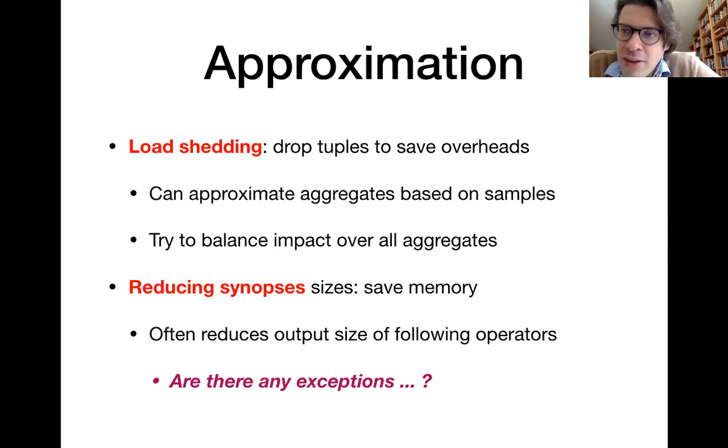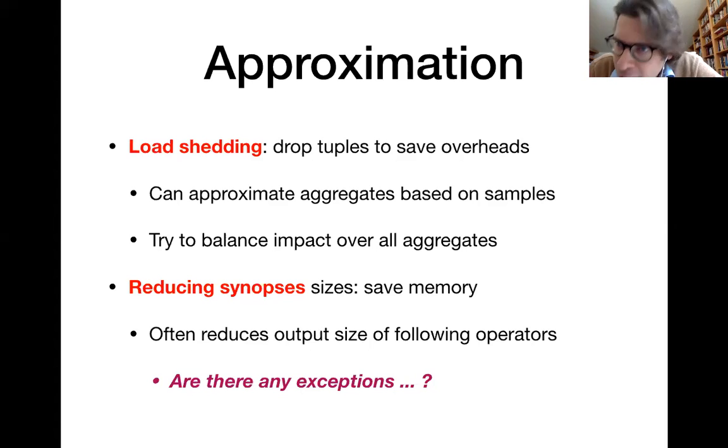If we reduce the synopsis size, then we save memory for the current operator. And in many cases, like for joins, reducing the synopsis size means that fewer results get generated. So implicitly, we also might save for the following operators, because now they have to process less data.